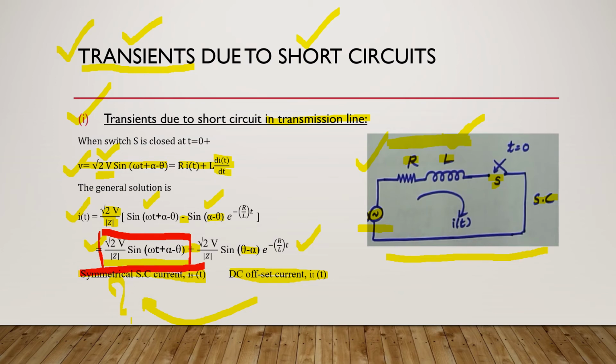Why 1? Because the sine function has a limit of minus 1 to plus 1. Next is the transient part, so at what point can we observe the maximum value? Let us see.